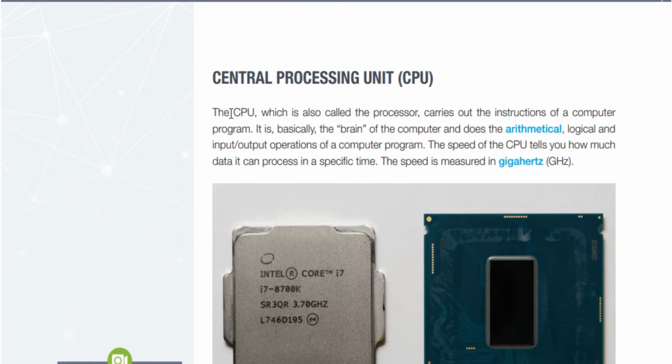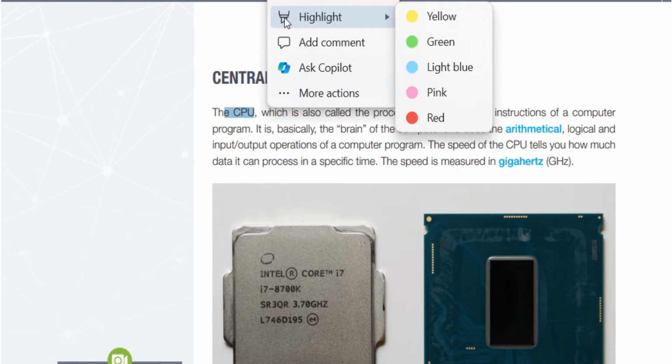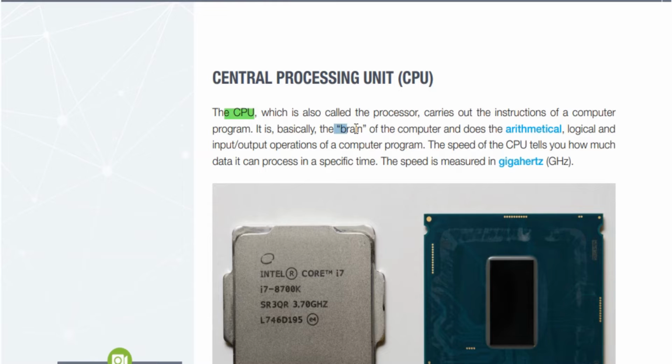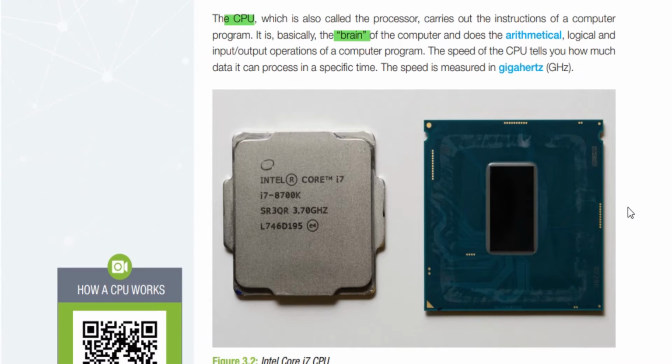We say the CPU is the brain and does the arithmetical, logical, and input output operations of the computer program. The speed of the CPU tells you how much data can be processed in a specific time. Speed is measured in gigahertz.